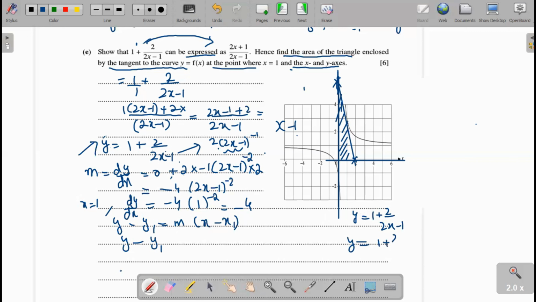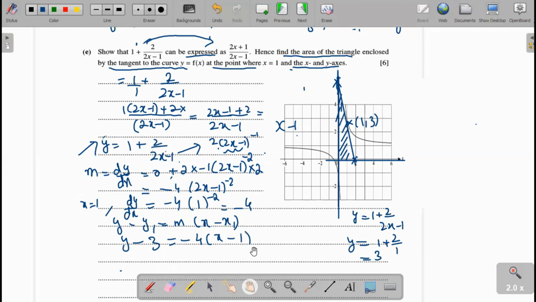Therefore, 1 plus 2 over (2 into 1 minus 1), and that is 3. Therefore, the point is (1, 3). Now y1 is 3 and m is minus 4, into x minus 1.